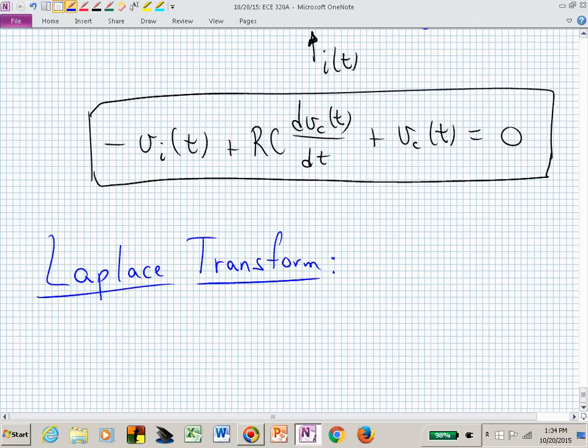If we Laplace transform that, how do I Laplace transform little v sub I of t? This is the easy one, isn't it? Since I haven't told you yet what that voltage is, you can only assume that it's going to be something that can be Laplace transformed. And so I'm just going to make that a capital V sub I of s.